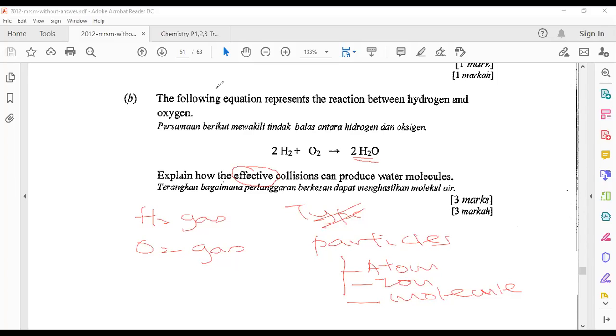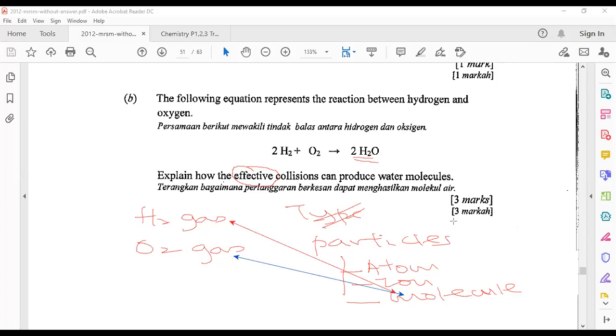Hydrogen gas consists of what particles? Molecule. Yes, good. And what about the oxygen gas? It also consists of molecules, right? So for the first point, the hydrogen molecules collide with the oxygen molecules.